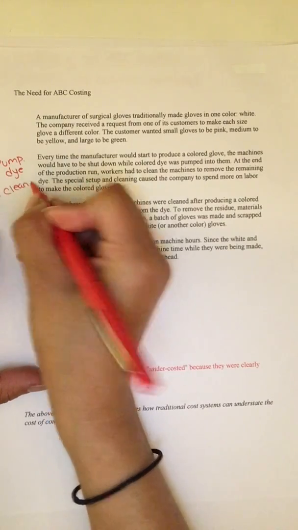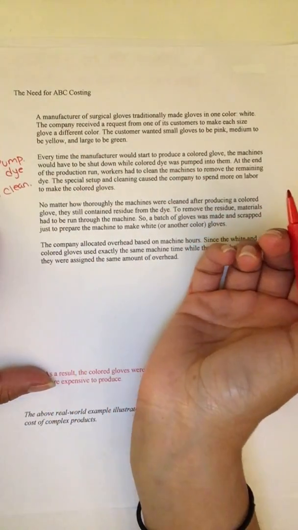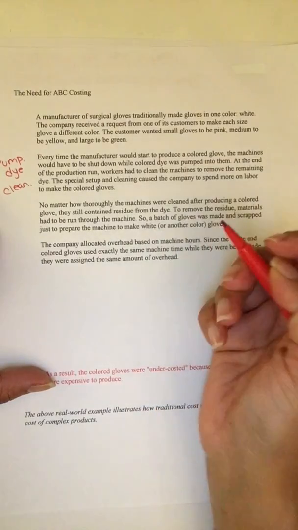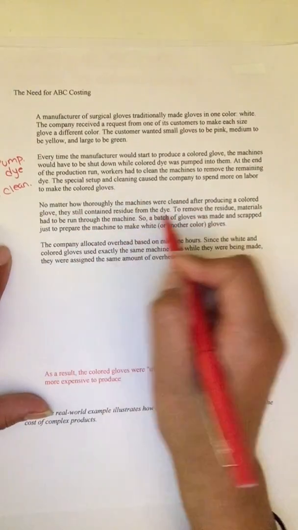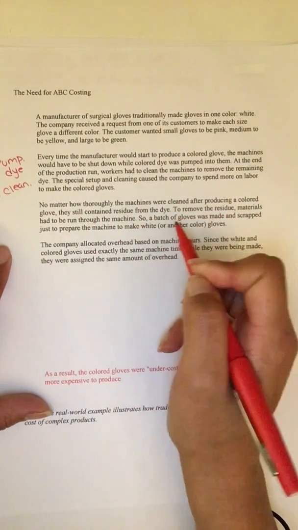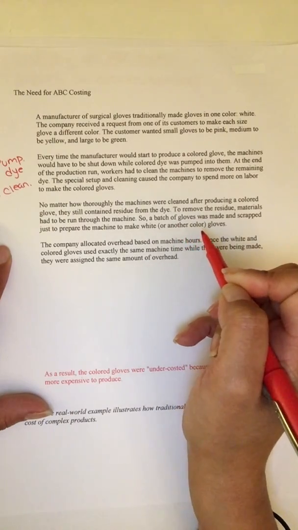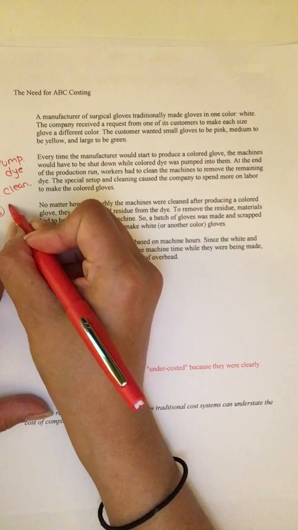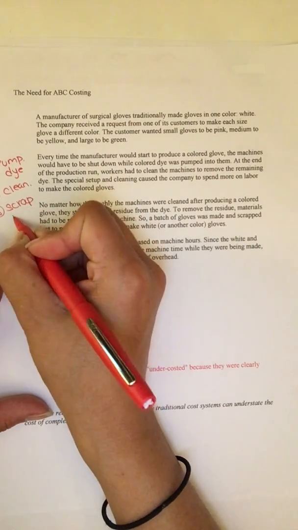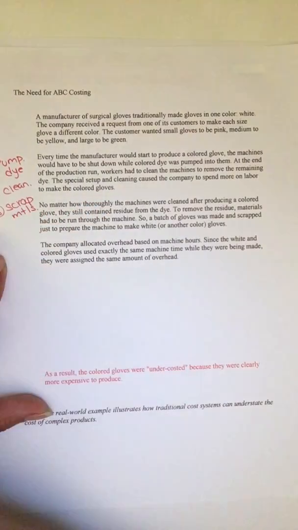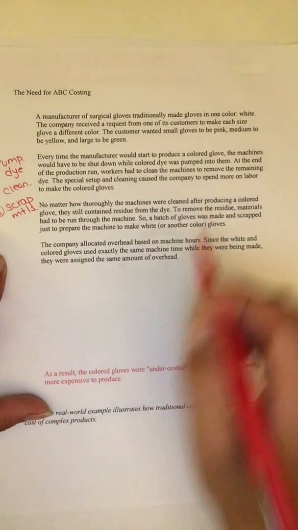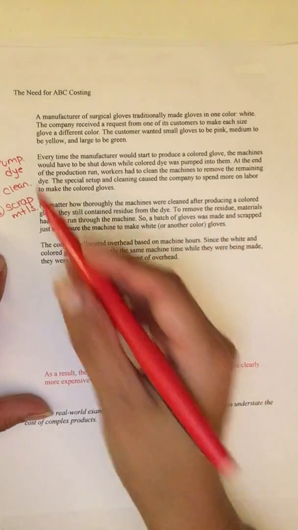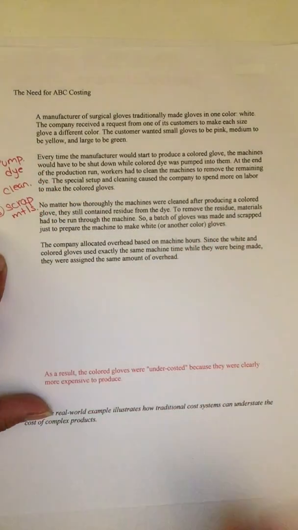Cleaning of the machines. We have to pay workers to do that, right? Next, we have to run additional materials through the machine to get the residue out. That's a cost. We have scrap materials that we are going to be running through the machines. So just by looking through this manufacturer's process, we've identified activities that create overhead costs.